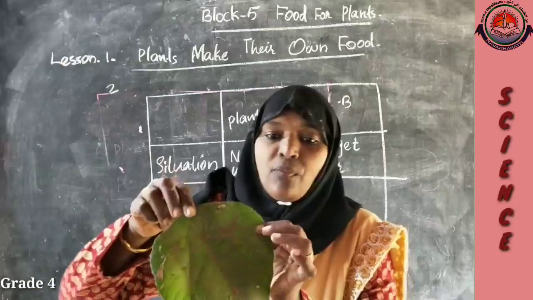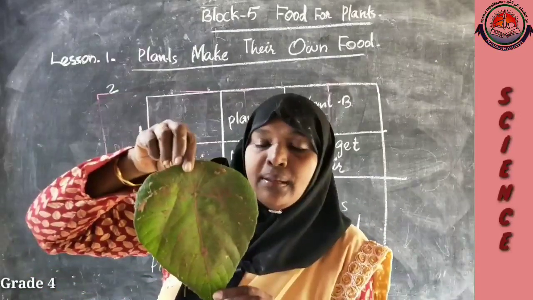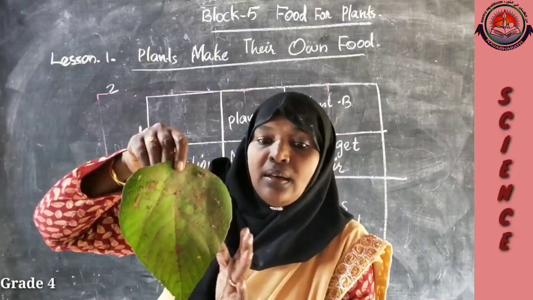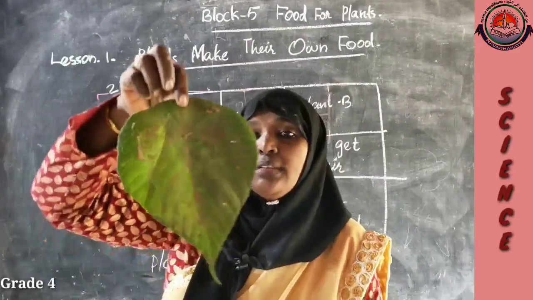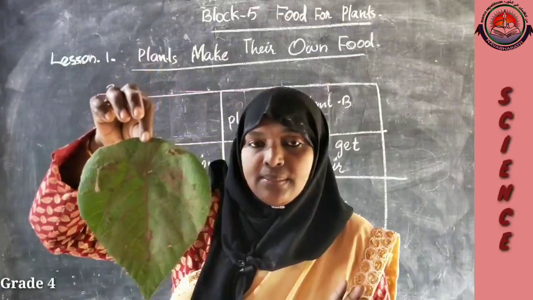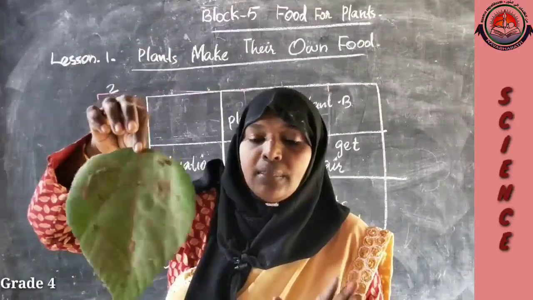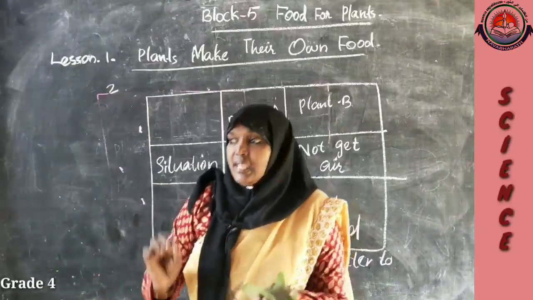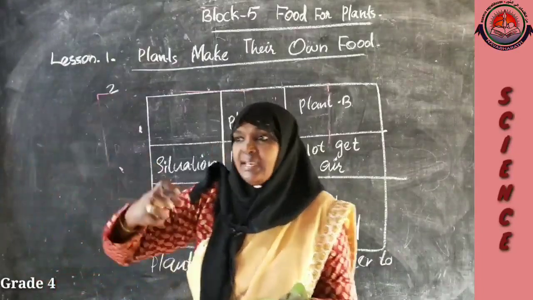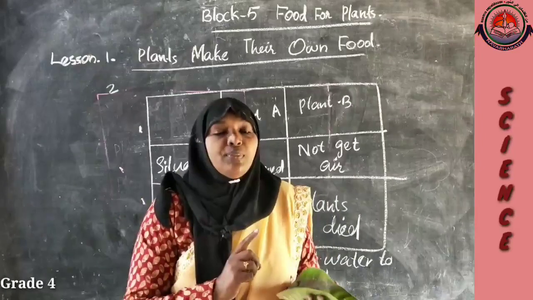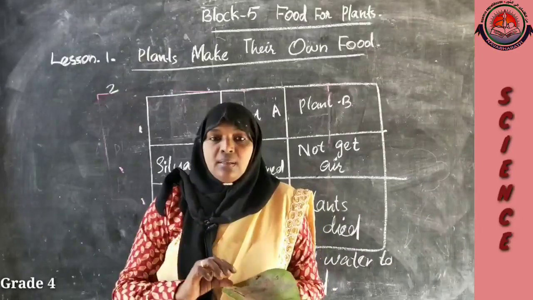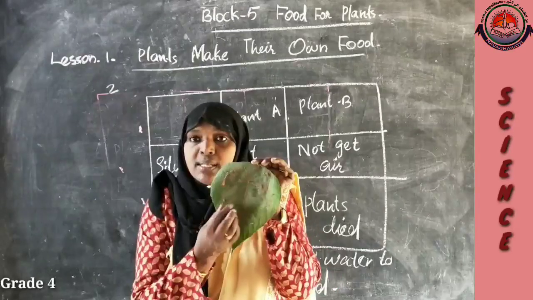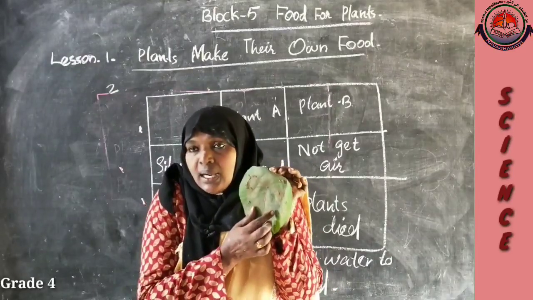Then I will show you one leaf. Please listen here. What happens if the leaves are fully blocked with dust or mud? The leaves will not be able to take in air to make food for the plant. The leaves have small holes called stomata.